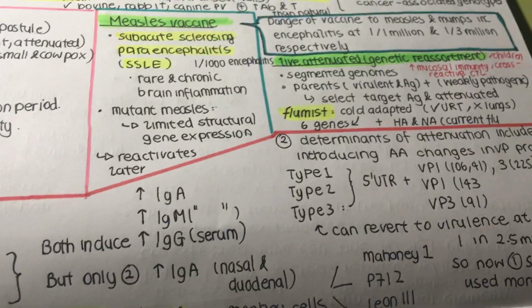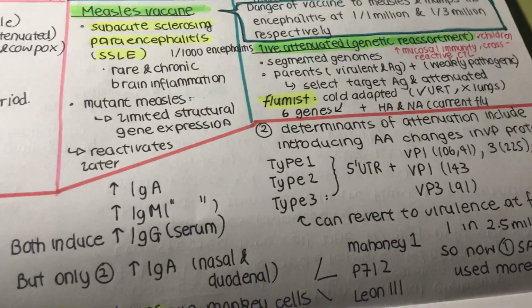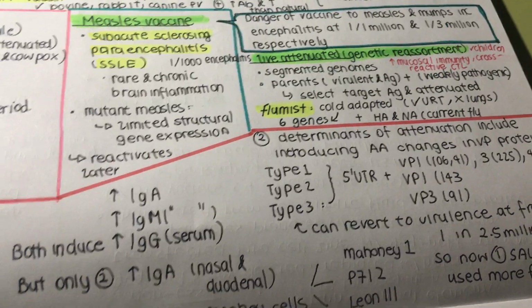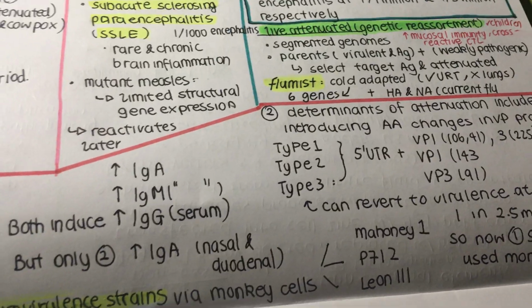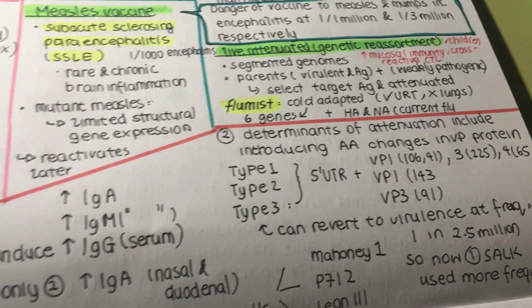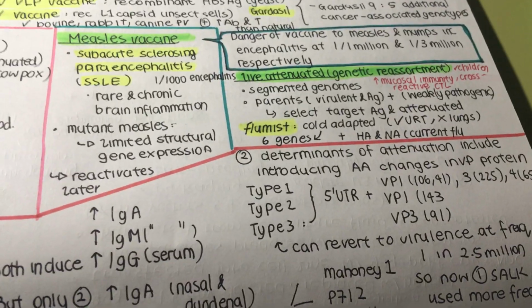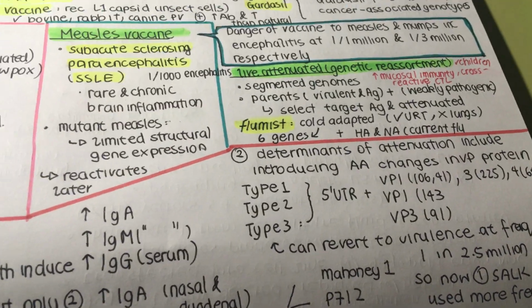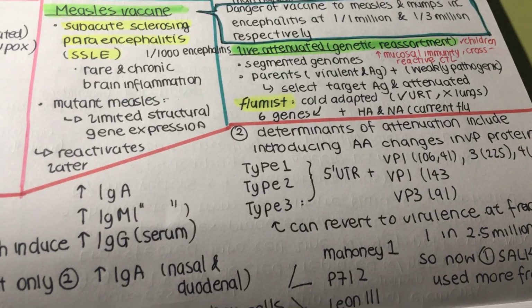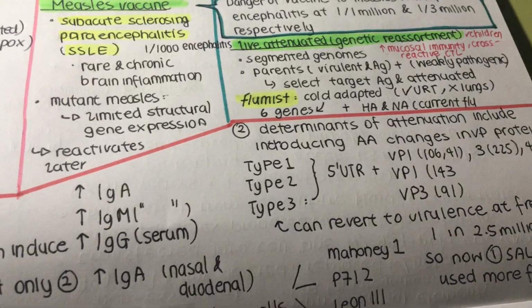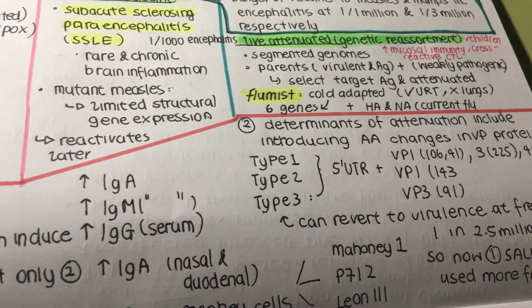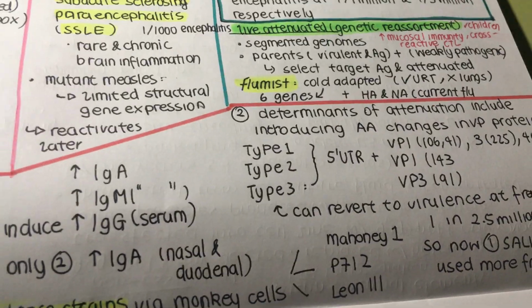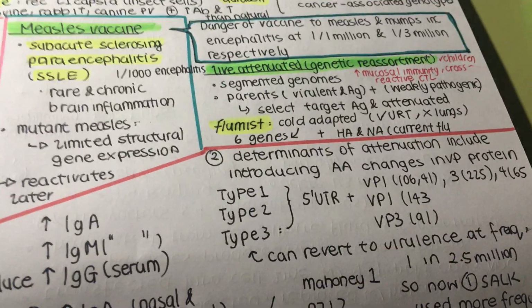However, because it is live attenuated, there is a possibility that it can revert to virulence. Although this occurs at a very low frequency, in about 1 in 2.5 million, we still want to be safe, which is why the Salk vaccine or the inactivated vaccine is used more frequently.